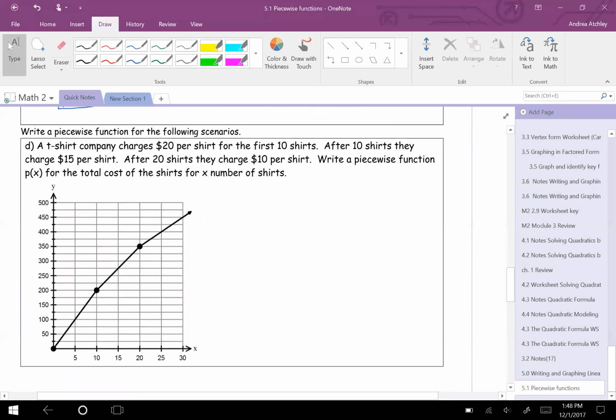Write a piecewise function for the following scenario. A t-shirt company charges $20 per shirt for the first 10 shirts. After 10 shirts, they charge $15 per shirt. After 20 shirts, they charge $10 per shirt. Write a piecewise function, P of x, for the total cost of the shirts for x number of shirts.